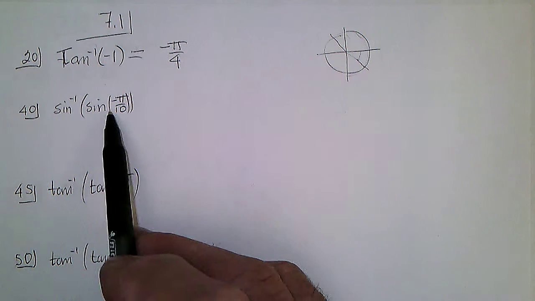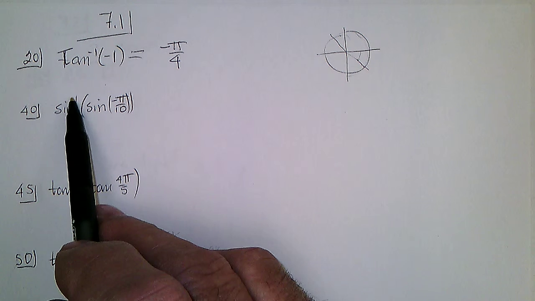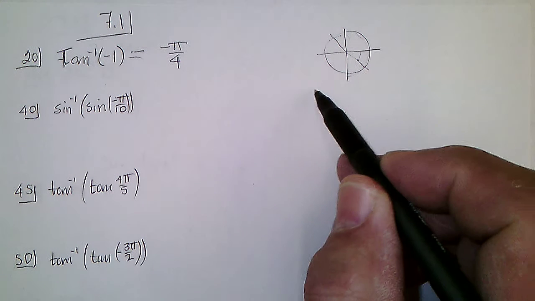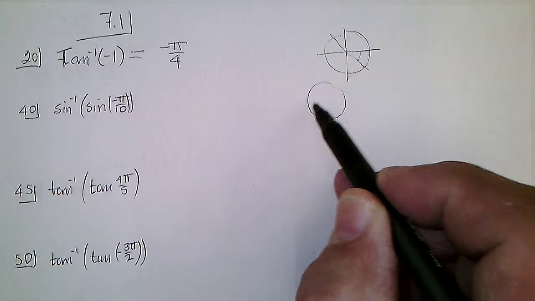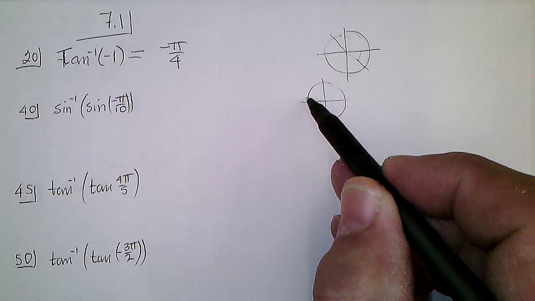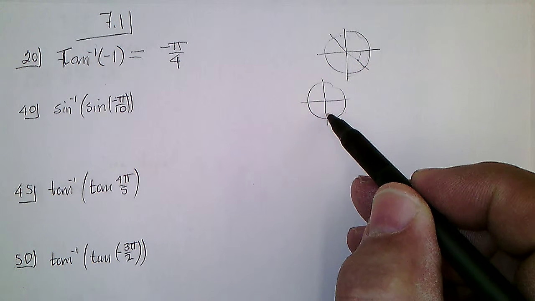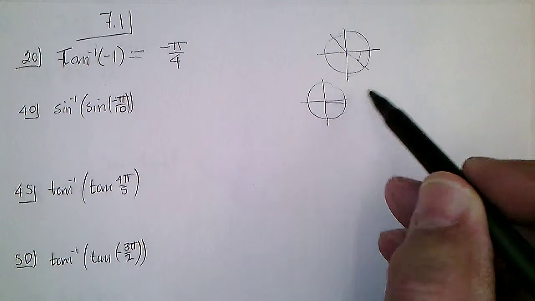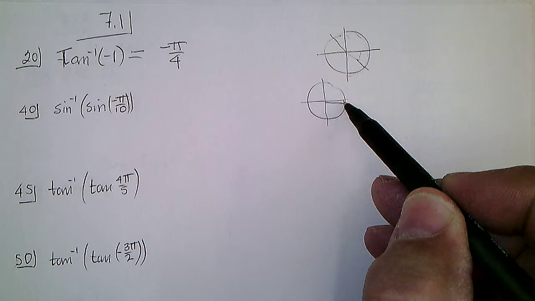Next one says we want to find the sine inverse of the sine of negative 1/10 pi. So if you're doing -1/10 of a pi, take the whole thing, divide it in 10 pieces, 1/10 would be about like this, and the sine of it would be this length.